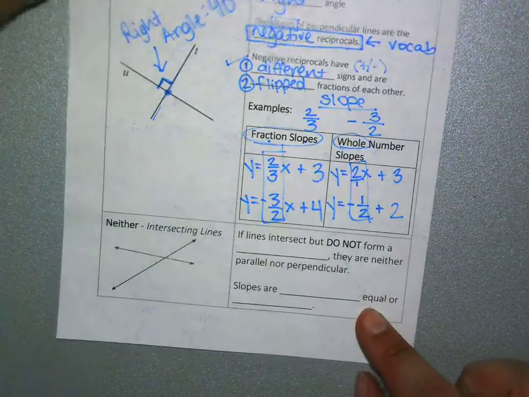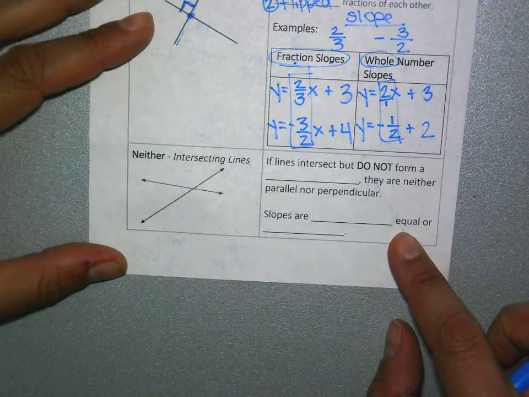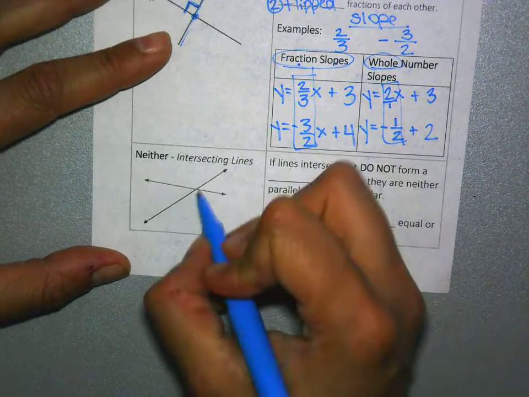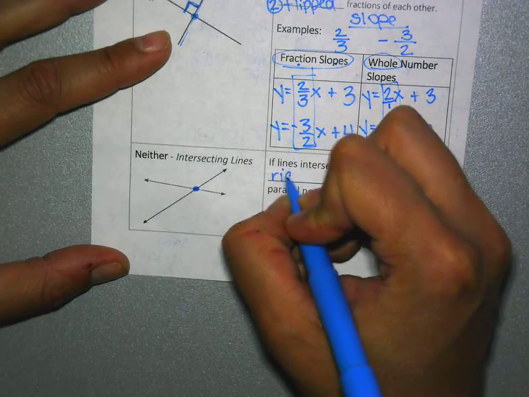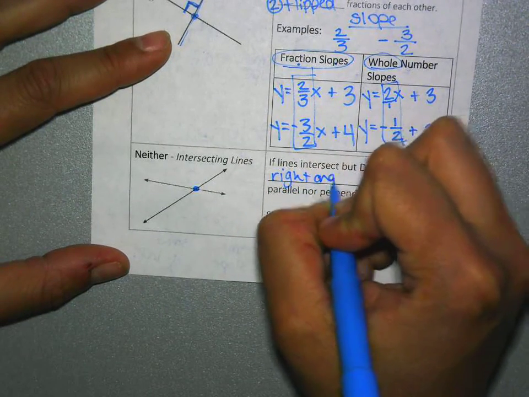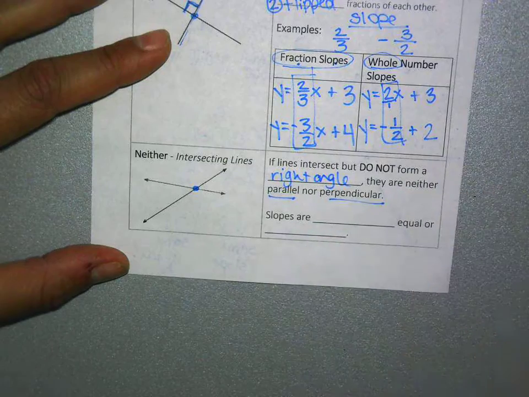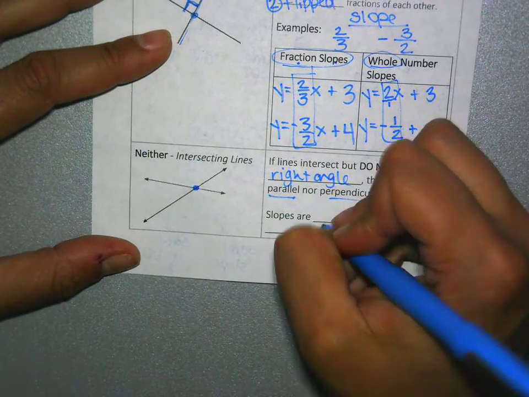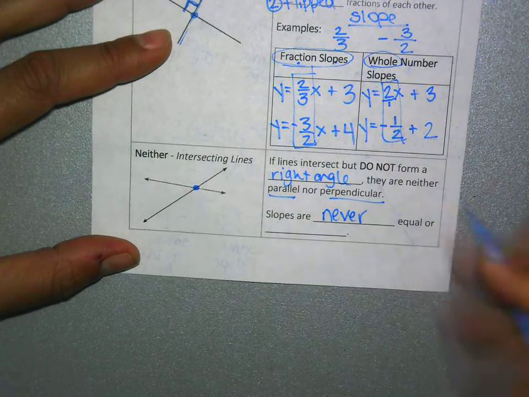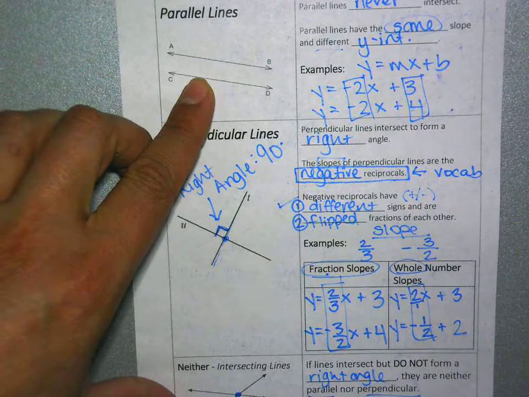Lastly, intersecting lines. This should be a no-brainer. Intersecting lines intersect. But if they do not form a right angle, then they are neither parallel or perpendicular. And intersecting lines, the slopes are never equal, because if they were equal or the same, they would be parallel.